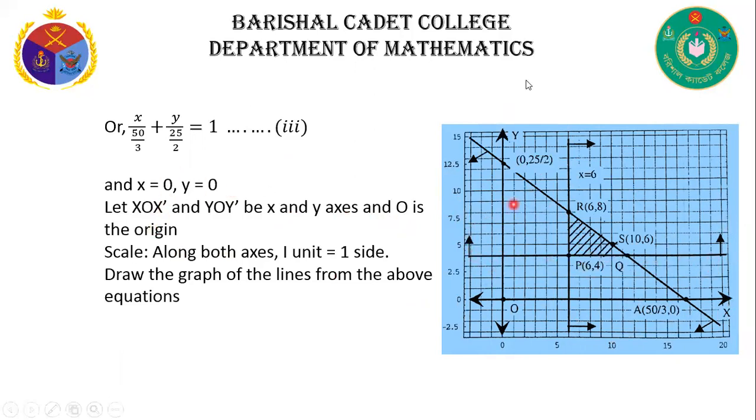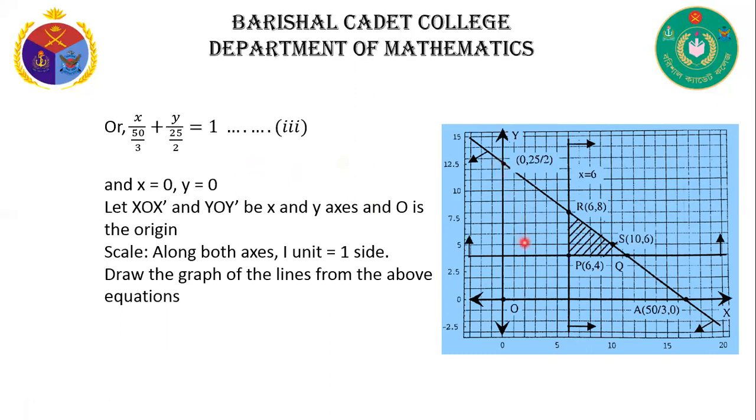And equation number 3, here the intersecting points 50 by 3, 0 and 25 by 2, 0. That means 50 by 3 is 16 point something, and 25 by 2 means 12 point something. That's why these points.